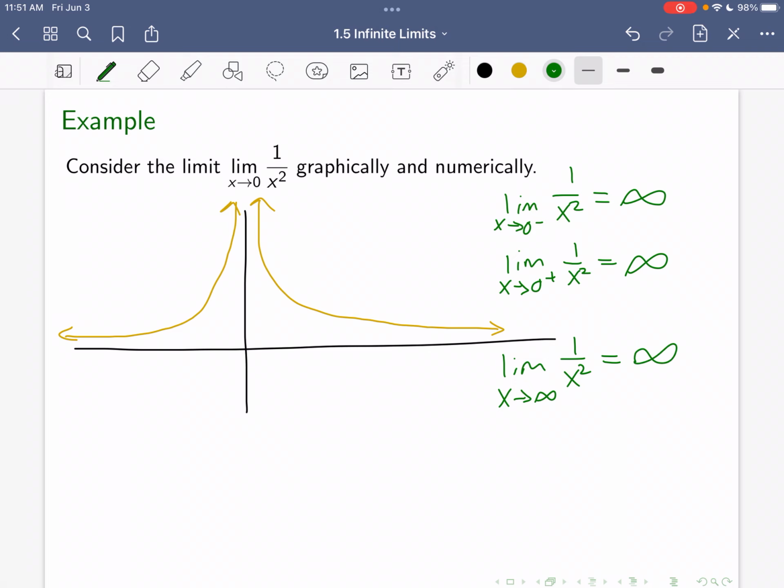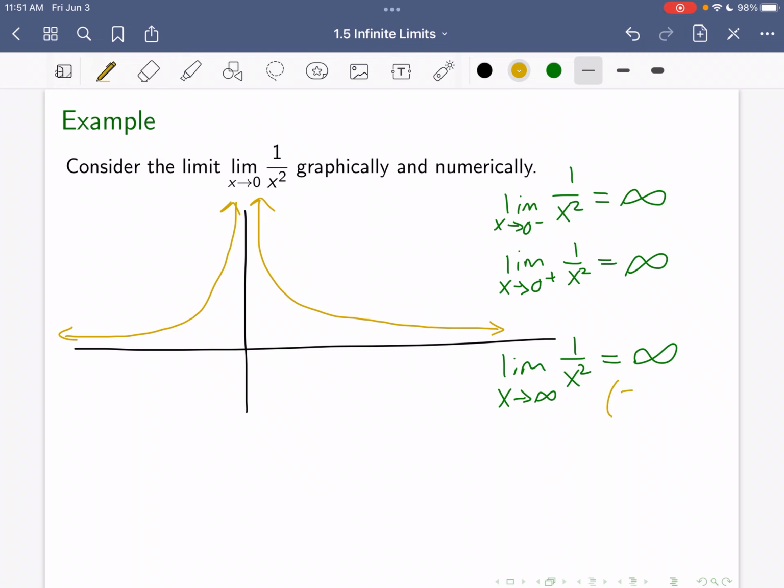Now, you might say, oh, great, so this limit exists, the limit is infinity. And I would say, that is not quite right. When we say the limit is equal to infinity, we are actually saying the limit does not exist, but it does not exist in this very specific way. Right? So it is heading towards infinity from both directions.